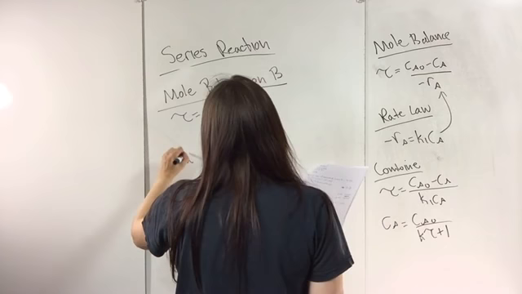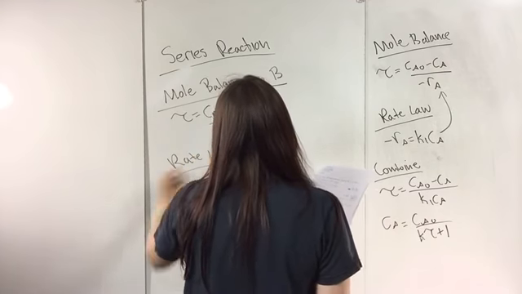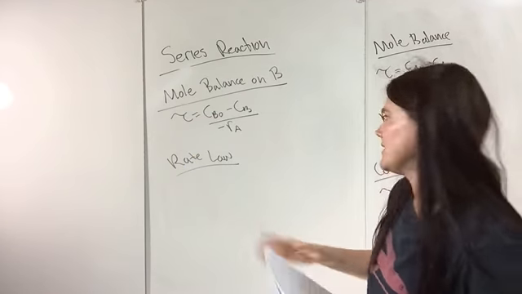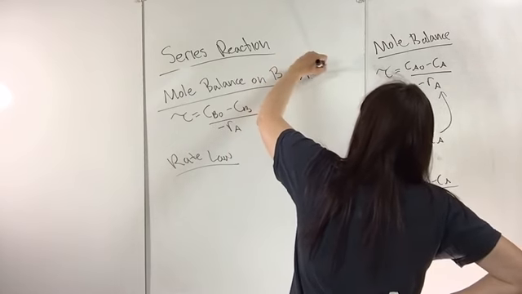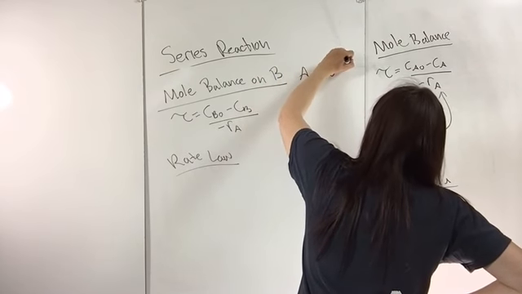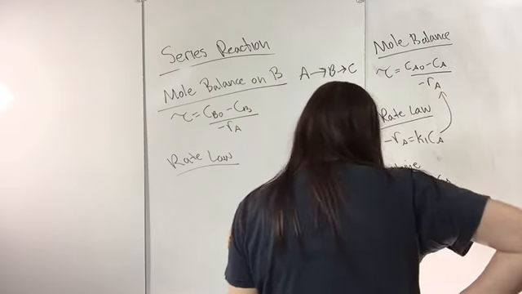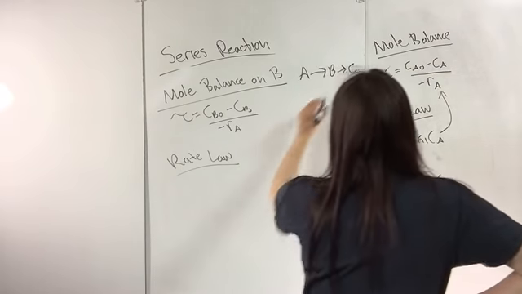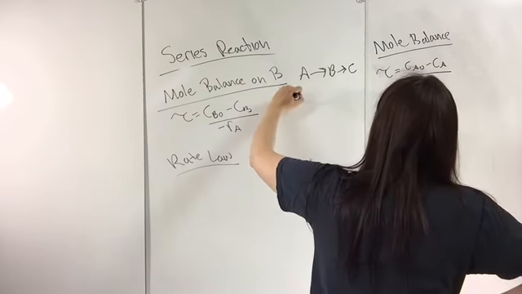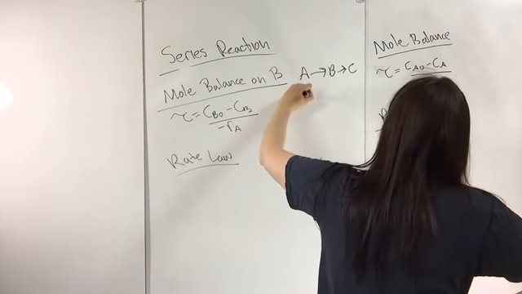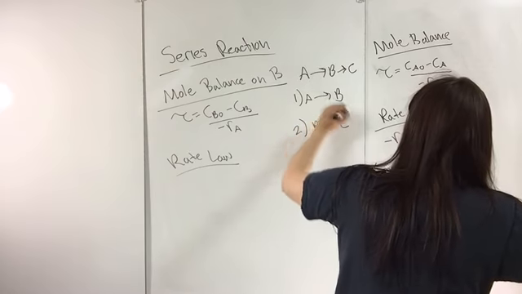And this is where the rate law is different. So you have a series reaction, so you have A to B to C. So you need to get a net rate law for B, because what you actually have, if you number these reactions, you have A to B, and then you have B to C.